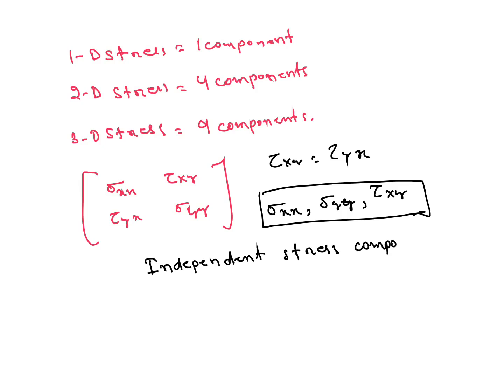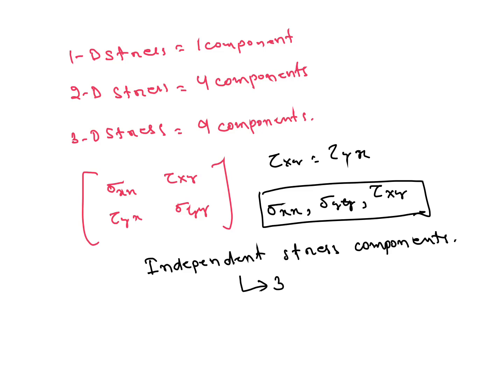Require 3 for 2-dimensional stress, and for 3-dimensional stress independent stress components required are 6. Independent stress component, it means for 3D out of 9 components, 6 components are necessary to specify a stress at a point, and for 2D out of 4 components, 3 components are necessary to specify a stress at a point.